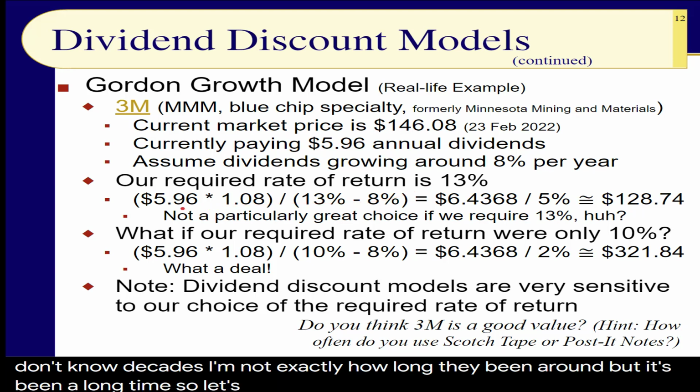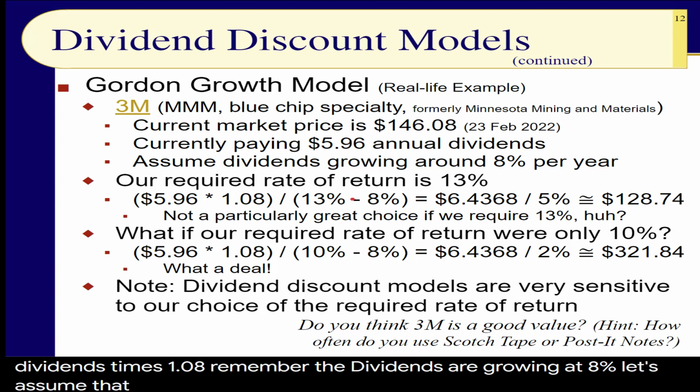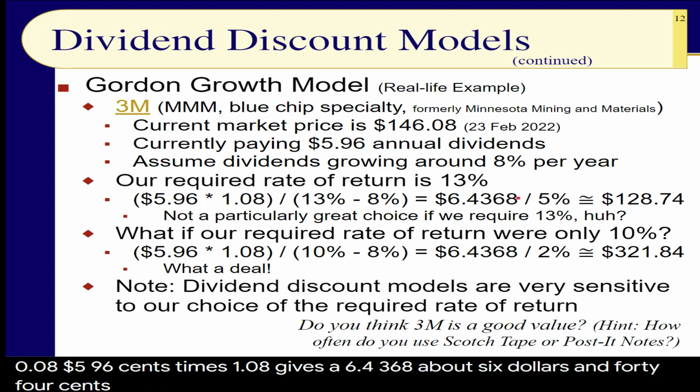So let's try it. $5.96 of annual dividends times 1.08. Remember, the dividends are growing at 8%. Let's assume that. Divided by 13% minus 8%, 0.13 minus 0.08. On the numerator, $5.96 times 1.08 gives us 6.4368, about $6.44 or so.